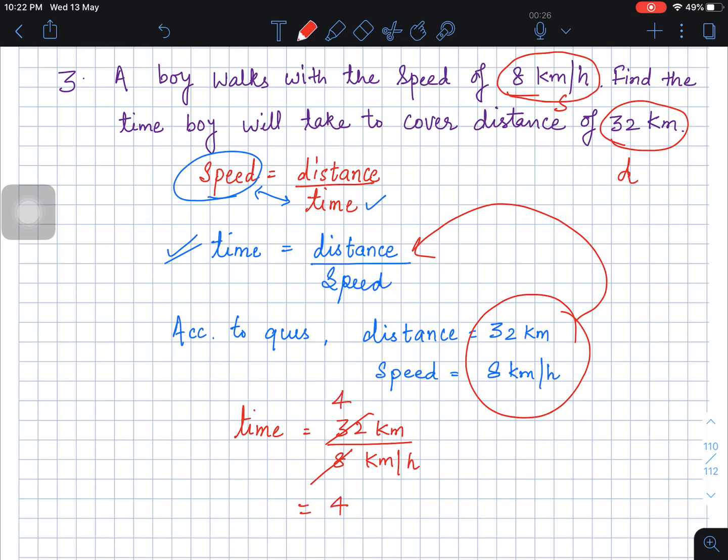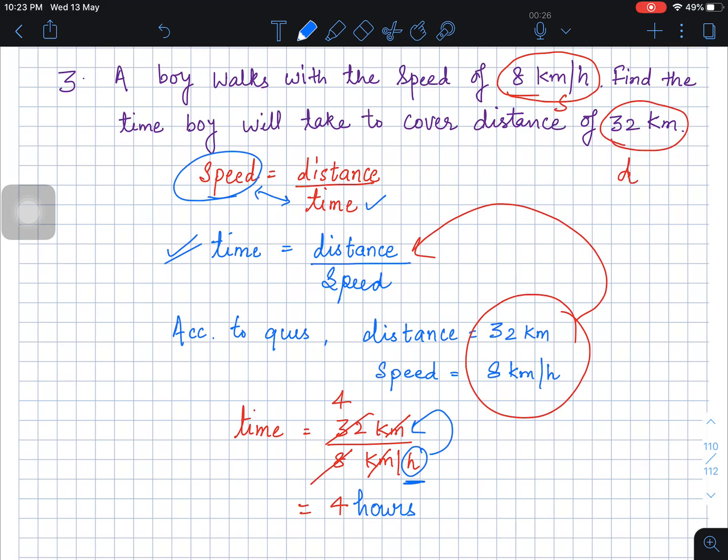Fine, we are getting 4, but what about the unit? This kilometer and this kilometer will get cancelled, and because this h is in divide, it will go up and you will get the answer as 4 hours. And this makes sense, right? Because time is always in hours or seconds or minutes.